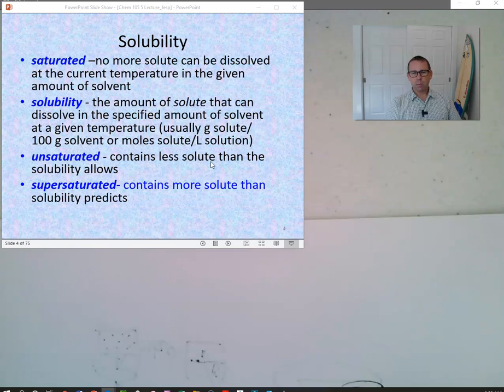And we have another word that we can use when we've put as much solute in this solution as we can. That means the solution is saturated. Saturated. We can't put any more solute in here. If you have a saturated solution and you put a little bit more in, what's going to happen to that little bit more?